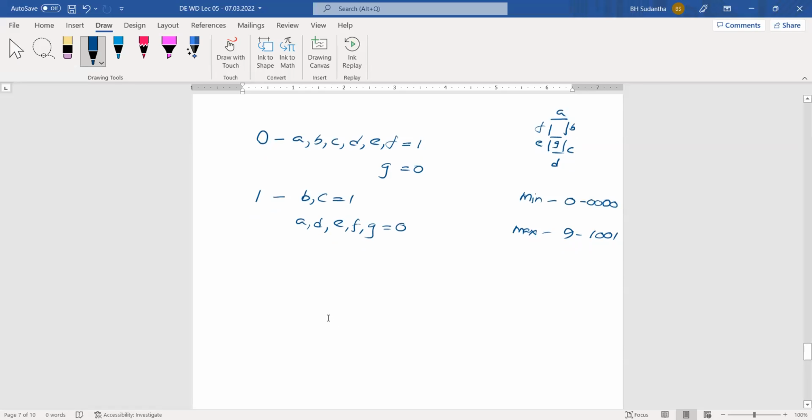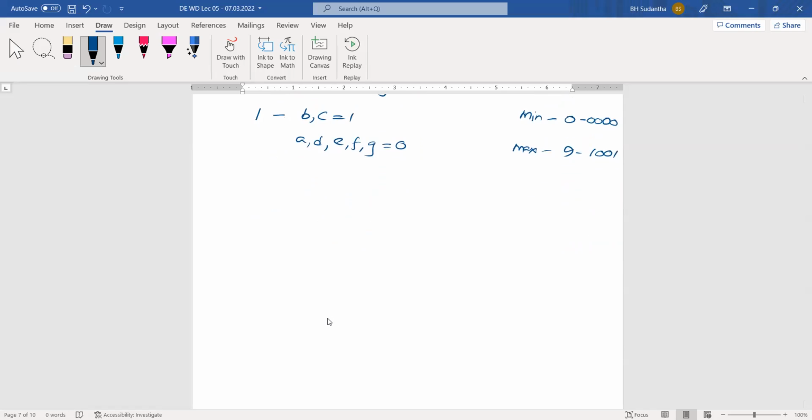Then we can make a table. On this table, we have D, C, B, A. This is the number we are giving for the input side. And these are the segments we are going to turn on with the relevant pattern.